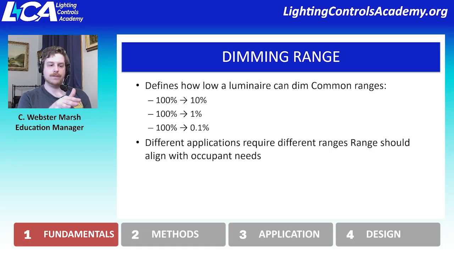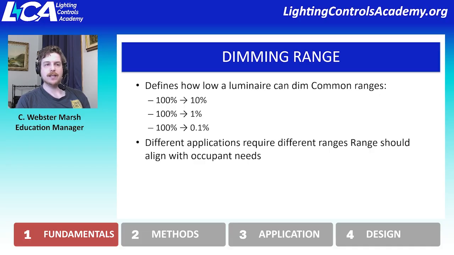But the 10% requires a relay to then switch the fixture off, and so you're going to see a noticeable shift at that low end. That's why 0.1% exists, because it has a much lower amount of light that is going to be switched off at the end. So different applications require different ranges.